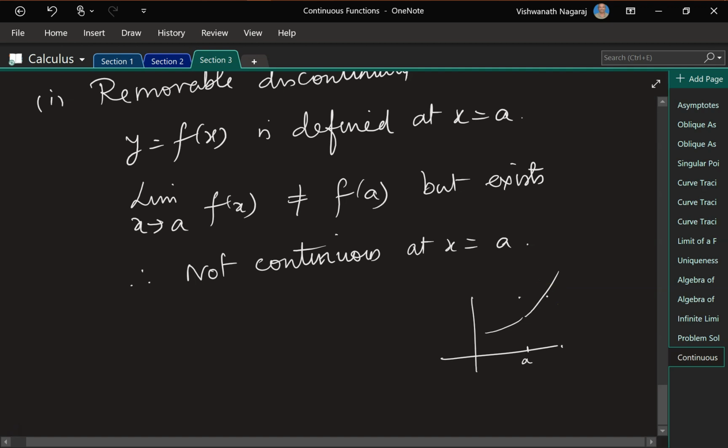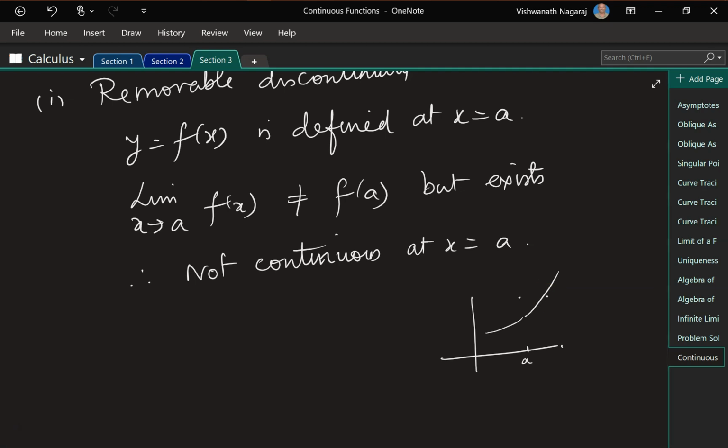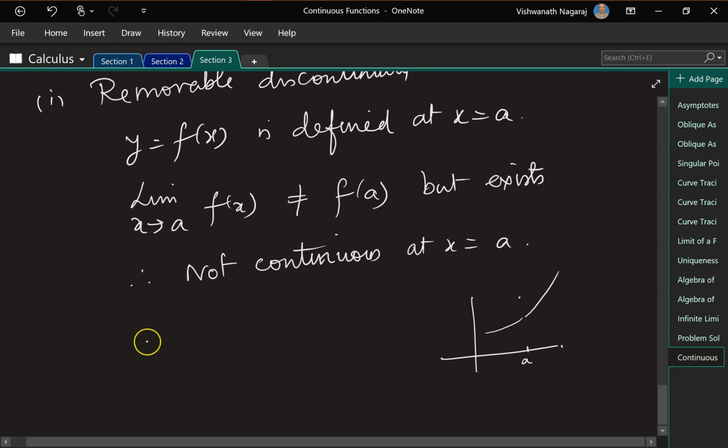So how do we remove this? Because it says removable discontinuity, we just say that f of a is equal to the limit as x approaches a of f of x. Whatever the limit is, we put it in f of a.